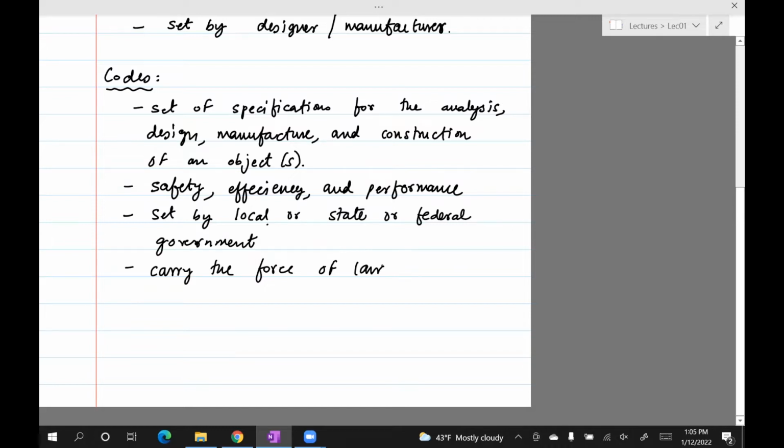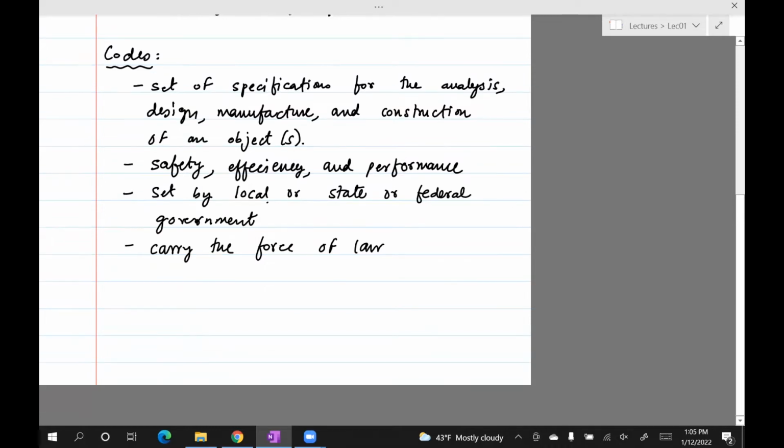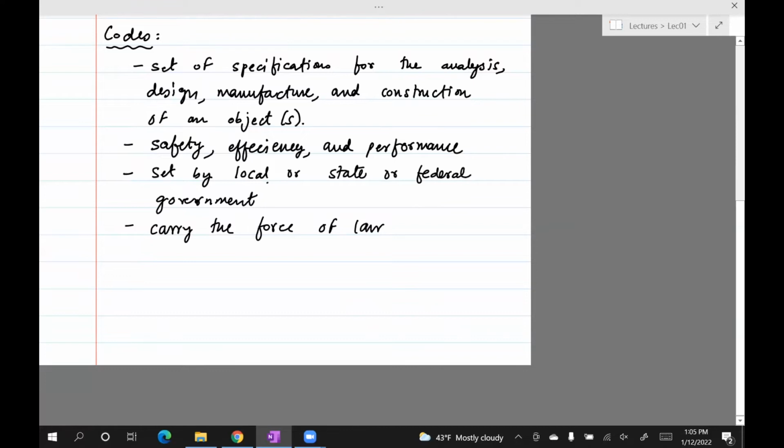Okay, so the book gives a list of standards and codes. For example, the Bearing Manufacturers Association has its own standard, the gear manufacturers have their own standard, and so on. So here's something you can do if you want to search for a standard.